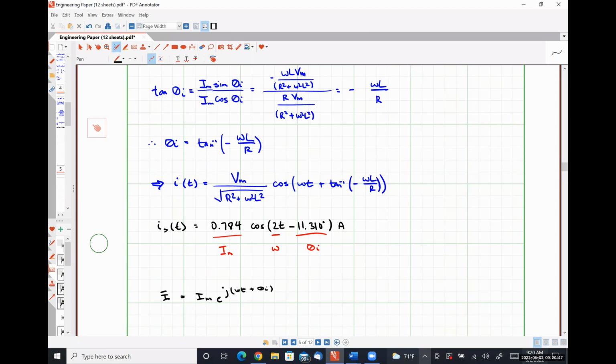It contains an amplitude, a frequency, and a phase angle. All right.